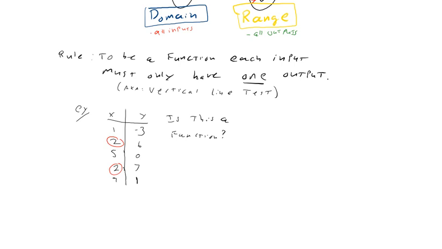Each one of my inputs, one of my 2's goes to 6, and one of my 2's goes to 7. And that is not allowed, right? I am not allowed to have a repeated x in my inputs.